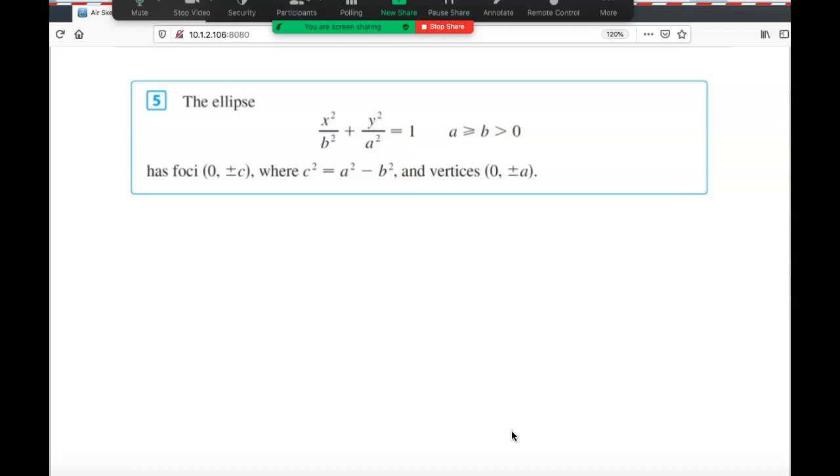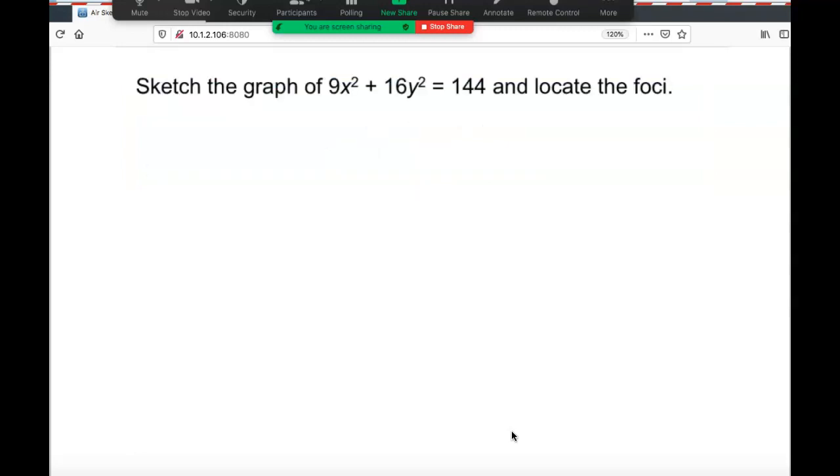All right, now all we've got left is an ellipse example. No calculus, same idea as the parabola example. It says sketch the graph of 9x squared plus 16y squared equals 144 and locate the foci.